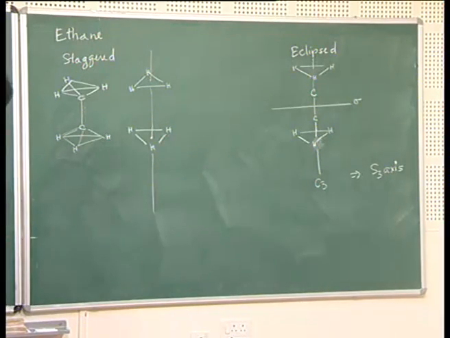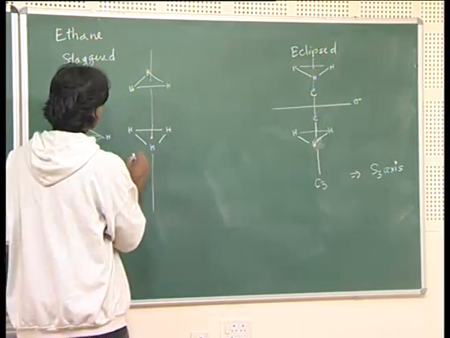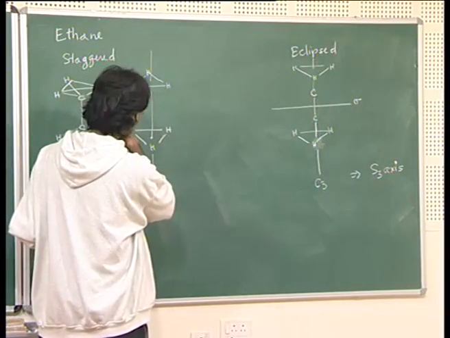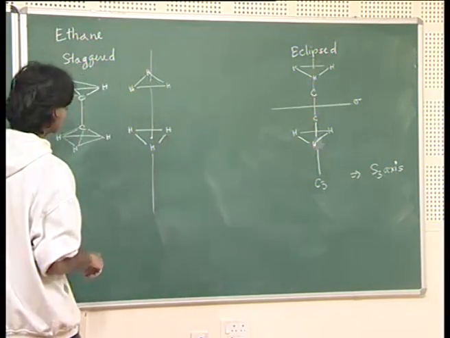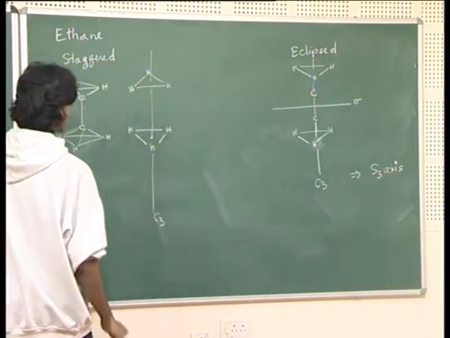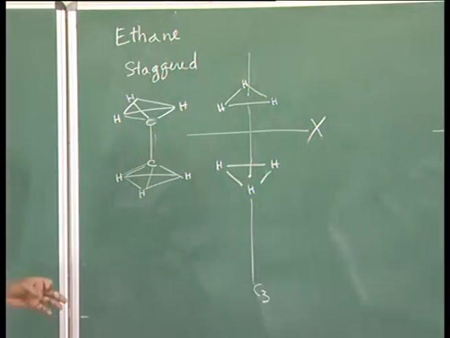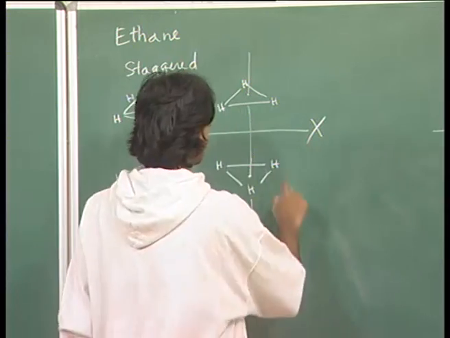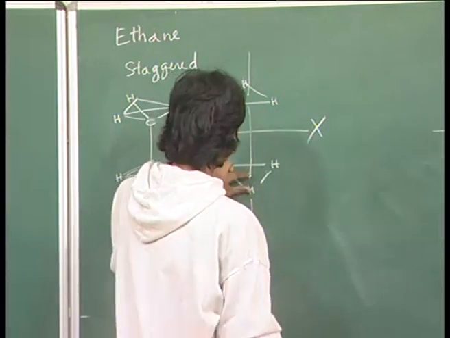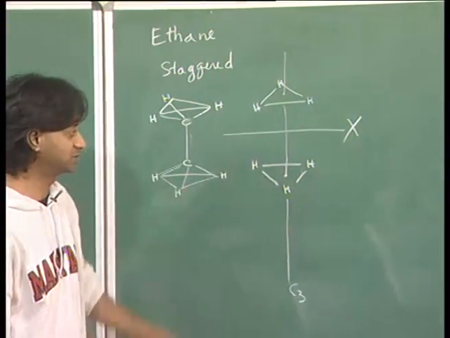Now, in the staggered case, if you rotate by 120 degrees, this is a C3, but this is not a sigma h. This is not a sigma h, because if you reflect it, then this triangle will be in this direction, and this will be in the opposite direction.